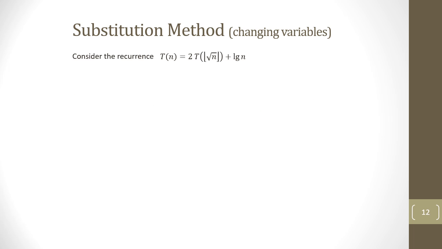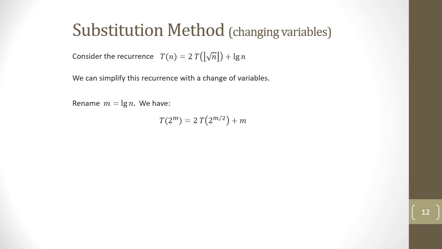Now let's have a look at this very interesting recurrence relation. It looks quite complex, but we can simplify this recurrence with a change of variables. Let's rename log n as m. Then we have T of 2 to the power of m equal to 2T of 2 to the power of m by 2 plus m. So we have m equal to log n here.